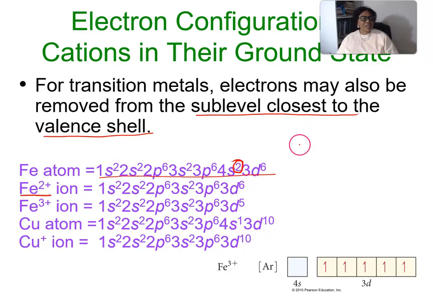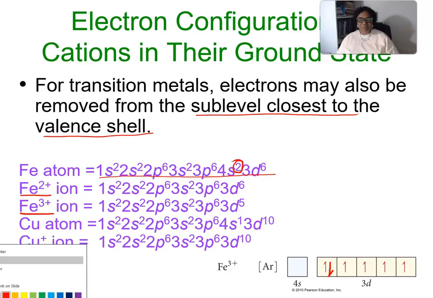You see, the d orbital, when it has 3d5, which is half filled, is more stable than when it has this. So to form iron 3+, it removes this one, and this makes it very stable. That is why it can form Fe2+ and Fe3+. This is half filled, which is good.